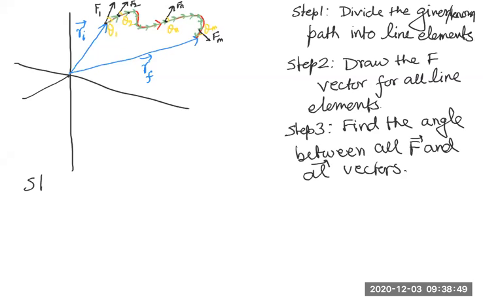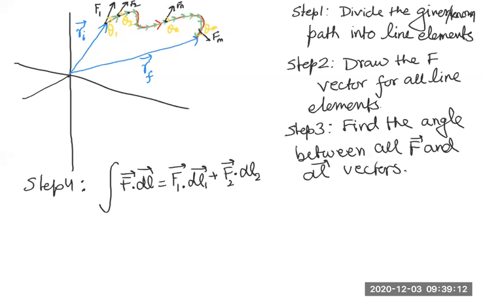Yeah, so I'll just write it here. Step 4. Integral of F dot dl is equal to the summation of the dot product of these F vectors and dl vectors: F1 dot dl1, F2 dot dl2 plus F3 dot dl3, and so on and so on and so on.